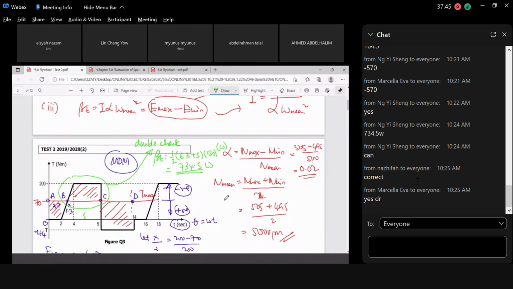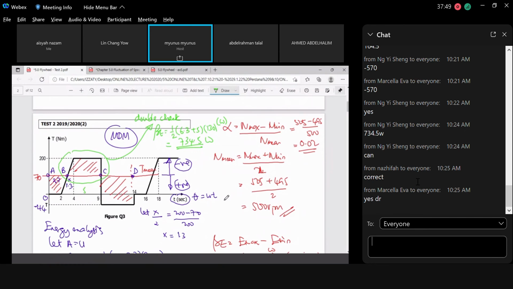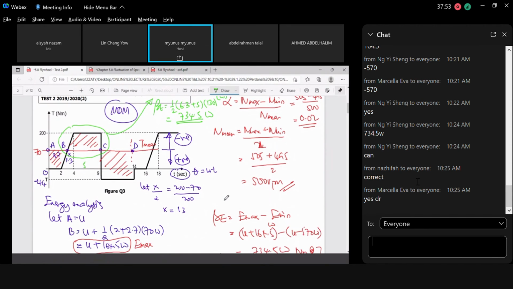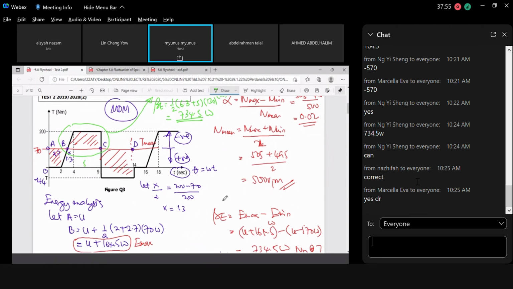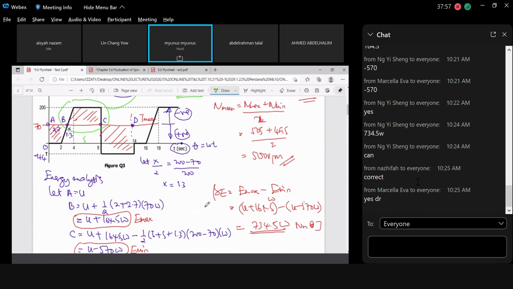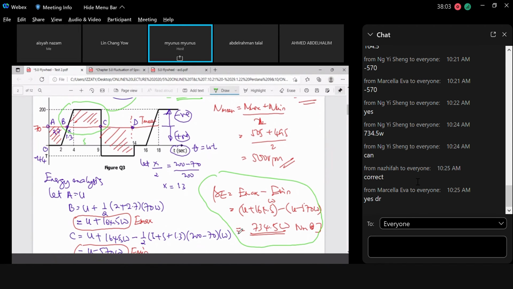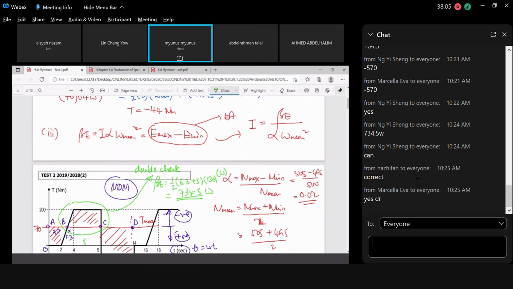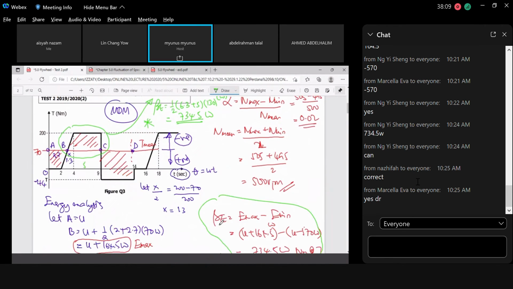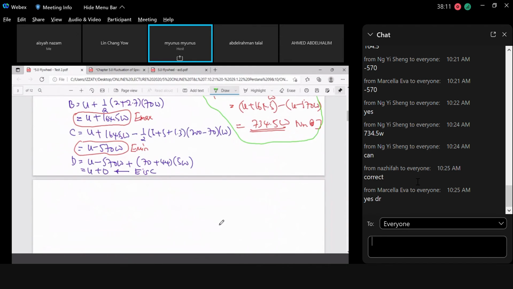Correct. Thank you, Nazila. Thank you, Marcela. So it's not very difficult, isn't it? When you counter check the values by alternative solutions, you will get the same result, inshallah. This one is your first calculation result from the normal procedure. This one is your alternative. You can use this one when running out of time. Typically, you will want to answer this, and you know that this is going to be your ace topic in your test or exam.